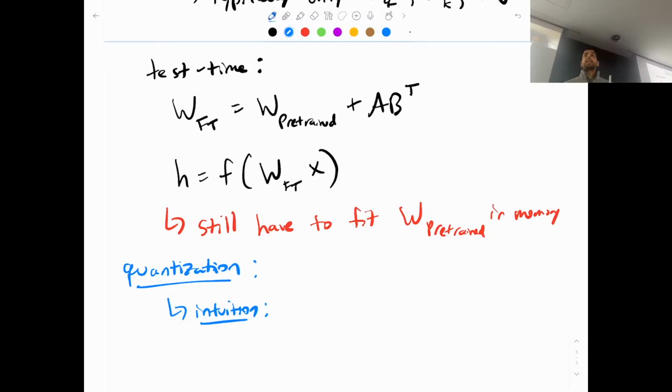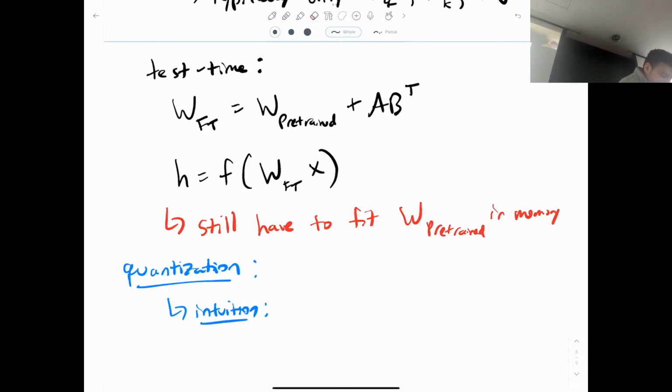If we could somehow round our decimal numbers to integers and make it such that we have very few unique values that a parameter could take, then we could save a bunch on storage costs, right? Instead of, let's say, a float 32 or a float 16, what if we stored this in a 4-bit integer that has 16 unique values? Each parameter could be stored in such a manner. If we don't lose a lot of performance, this is a great way to save costs.